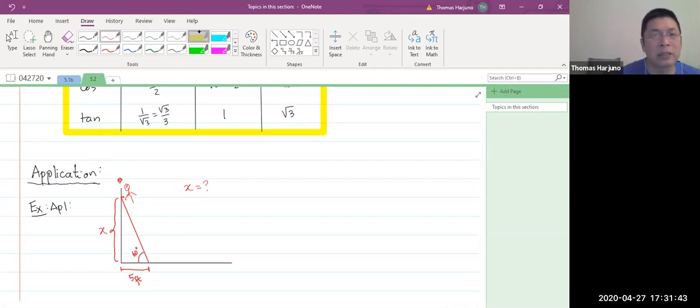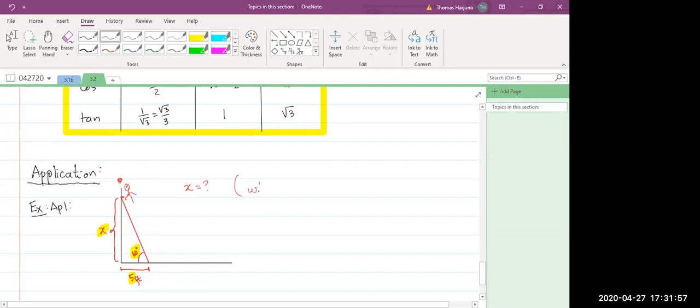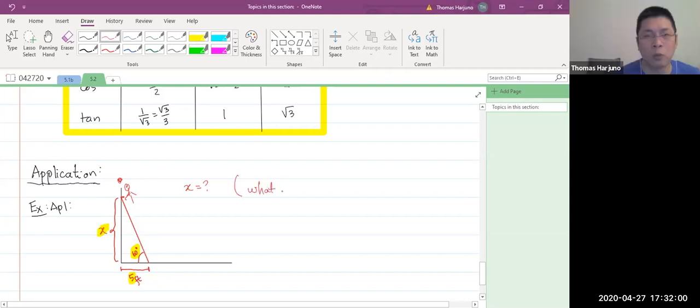Now, what relates this x and 5 and 60 degrees? What trig function relates those? Tangent. So that's the question: what trig function relates that 5 feet, 60 degrees, and the x?